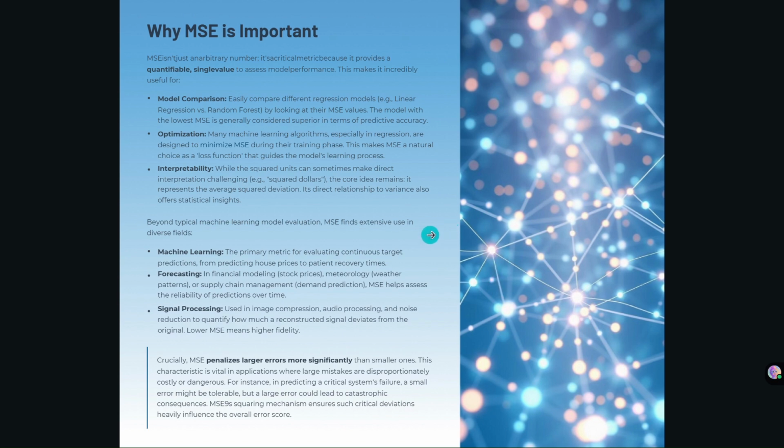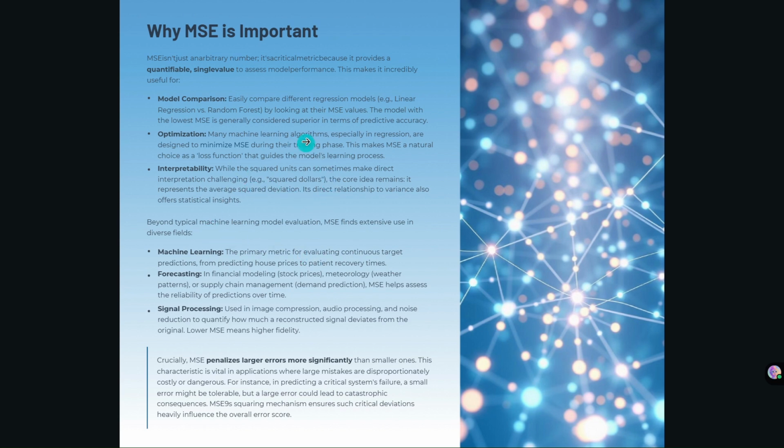MSE isn't just some random formula. It's a key metric for evaluating models. For example, when comparing models like linear regression versus random forest, whichever has the lower MSE usually performs better.